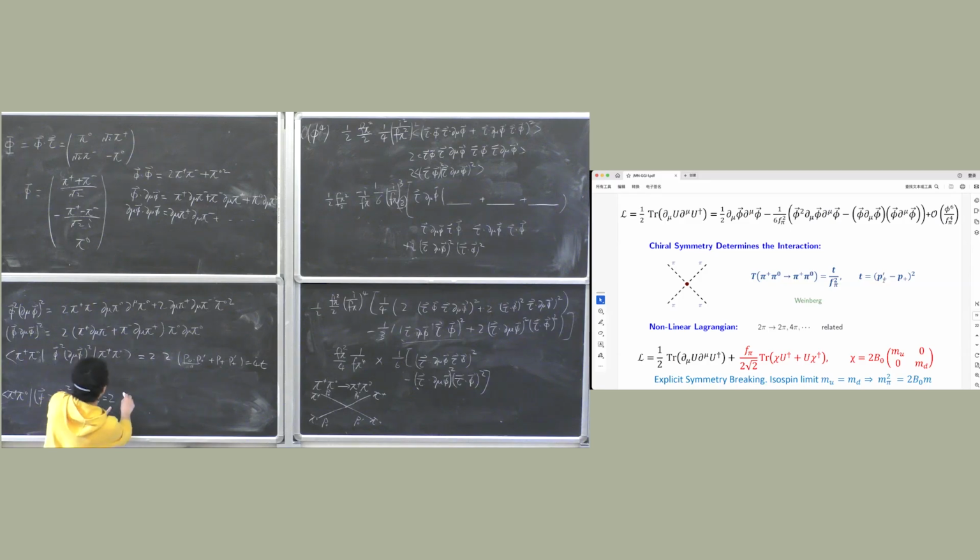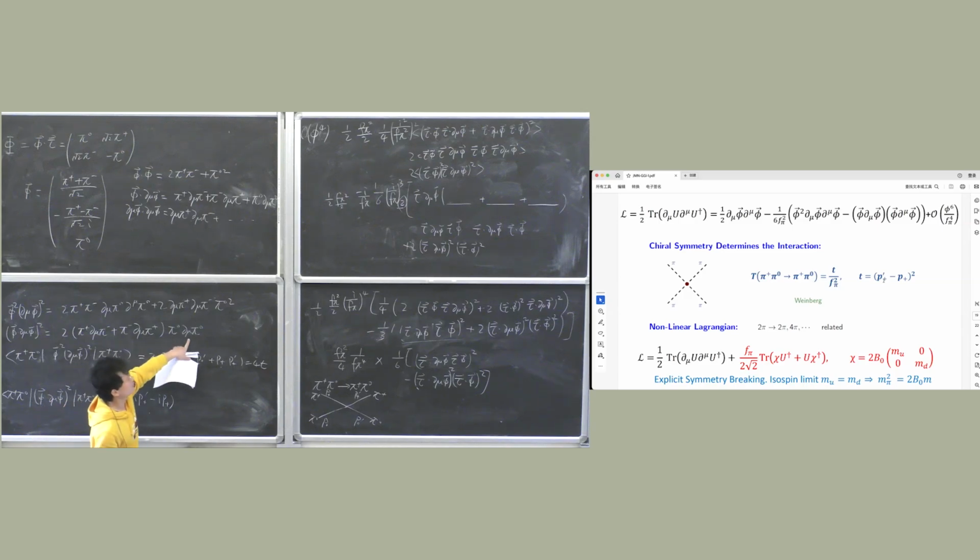And we have, this is the outgoing pion. So it's i p plus prime minus this one, i p plus. Okay.